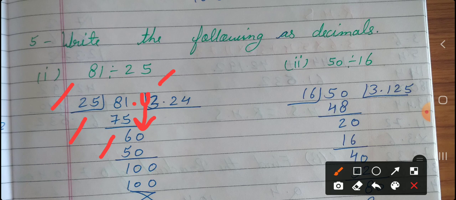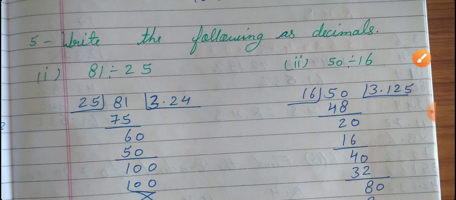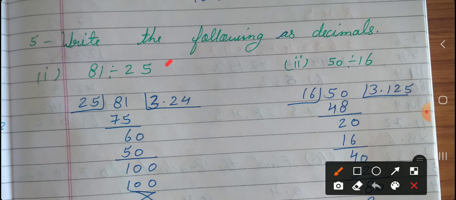We can use 0 here with the 6. 60 is here, now it goes 2 times. 25 times 2 is 50, 10 is left. Again we require a 0 to complete this division, so we will put 0 here. Now it goes 4 times completely. The answer is 3.25.